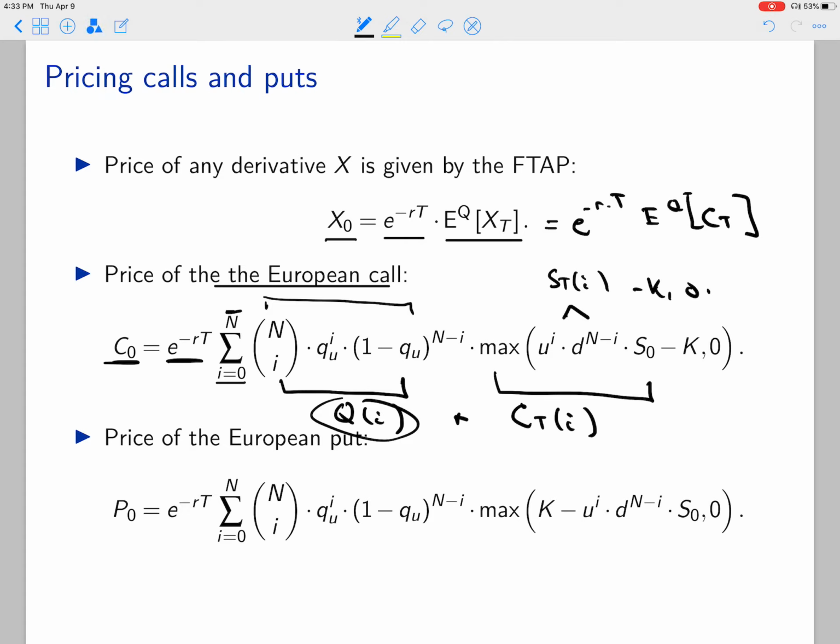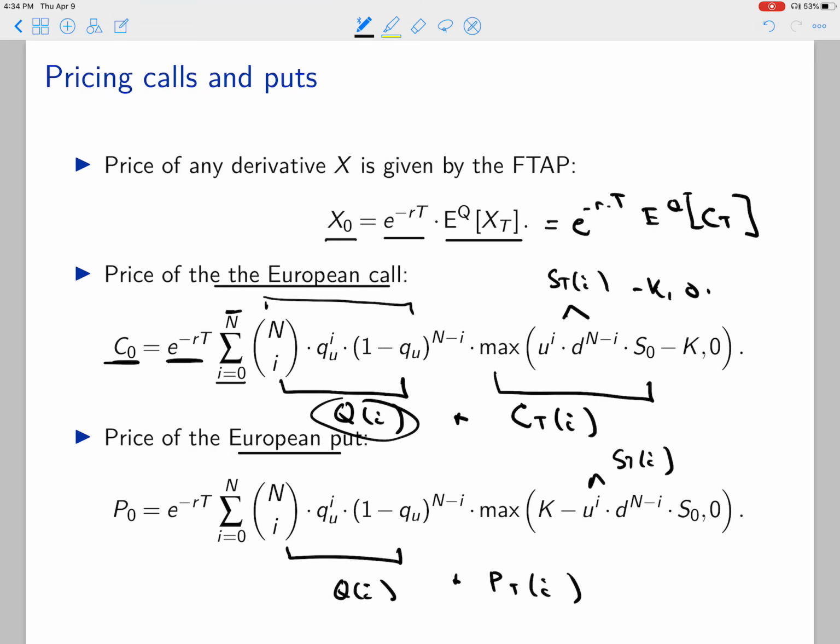Price of a European put is also similar. You take the sum across all the possible values of the random variable, multiplied by probabilities, times the payoffs, where the payoff is just reversed now. It's the put payoff. Whoops, excuse me, this is St of I.